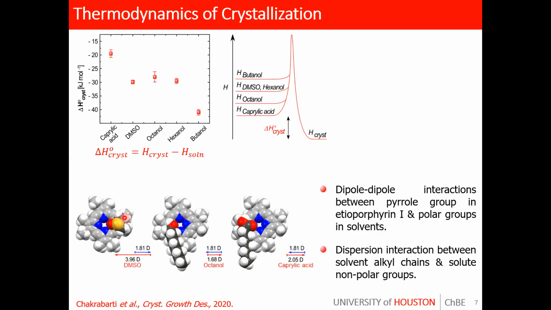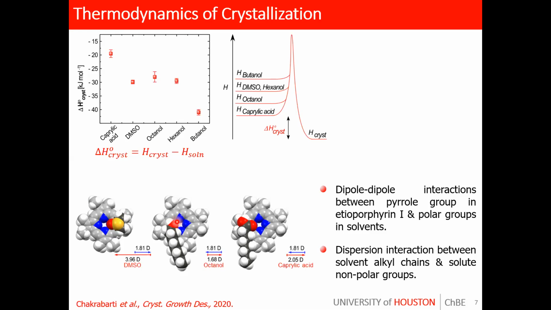And its van der Waals interactions, or the dispersion interactions between the nonpolar parts of the solute and solvent, is low, but the polar or the dipole-dipole interactions are quite strong. And when we look into the alcohols, we see that with increasing alkyl chain lengths, as we move from butanol to hexanol to octanol, we see an increase in solution enthalpy with increasing alkyl chain length, and that's even though they have very similar dipole moments.